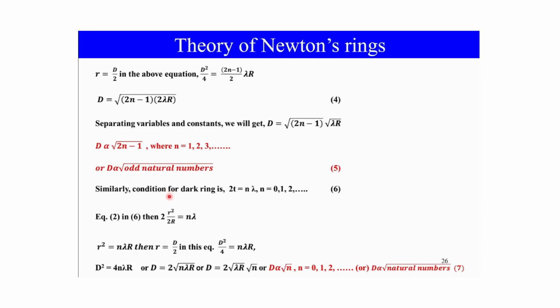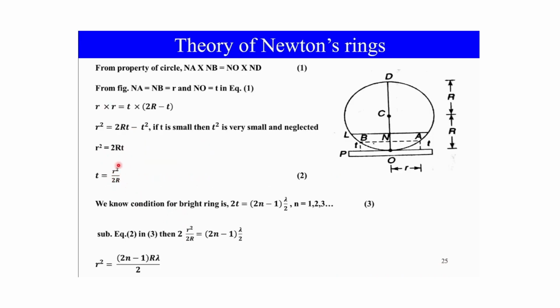Similarly, we have to derive the condition for the diameter of the dark ring. Already we derived in the last class that 2t is equal to n lambda, where n is equal to 0, 1, 2, 3 and so on. That is equation number 6. Now in equation number 6, again substitute t is equal to r square by 2R, which we already discussed in the previous case.